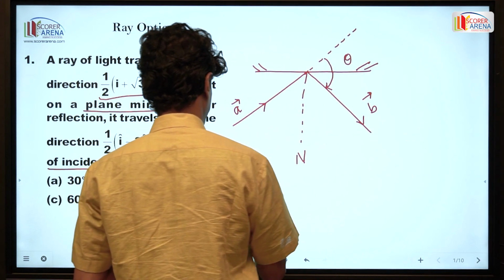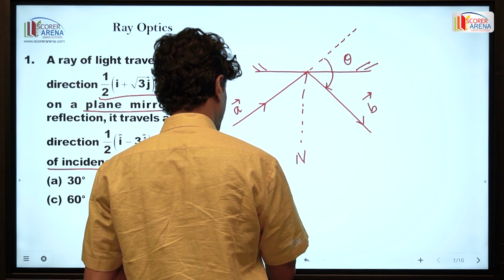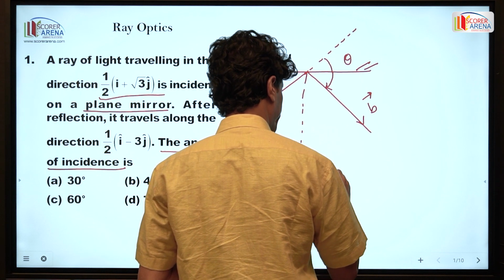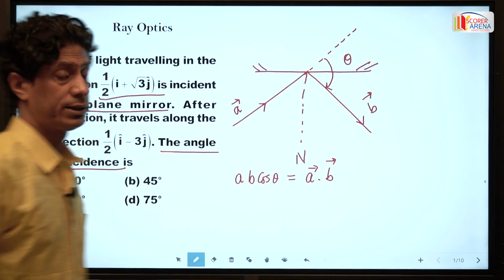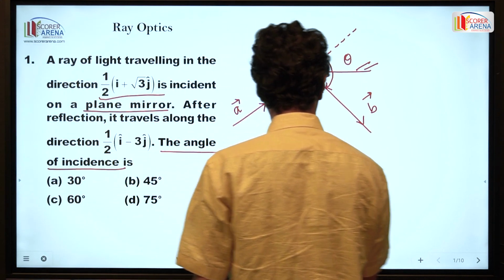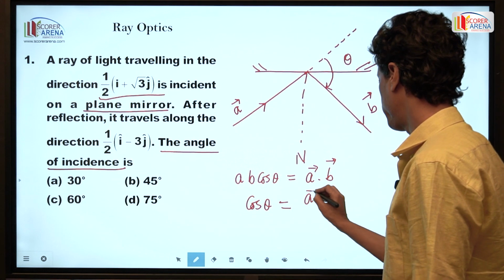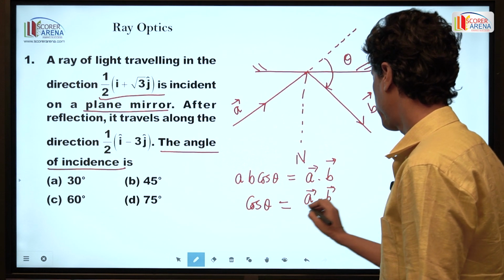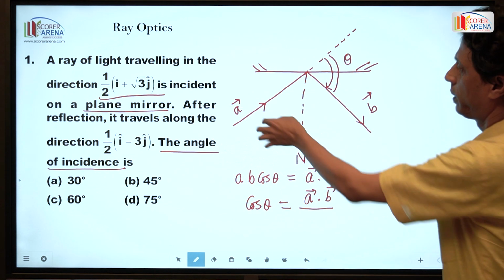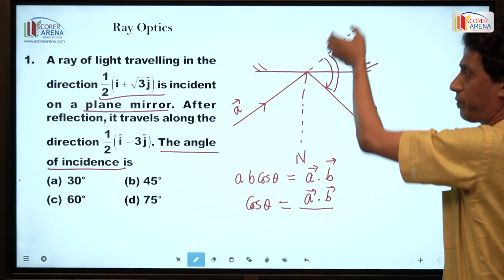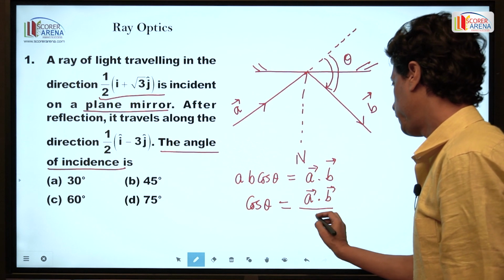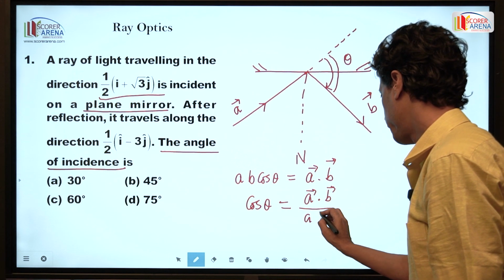So we know a b cos theta is equal to a dot b from dot product, and cos theta is equal to a dot b by ab, that is the angle between a vector and b vector. This is the direction of a vector. After reflection the direction changes.